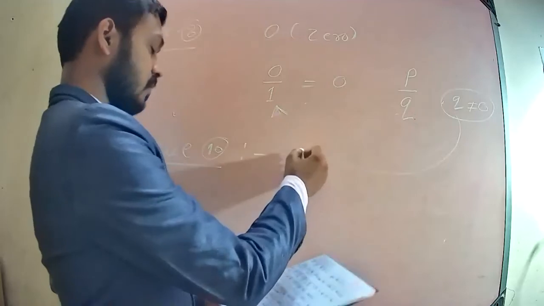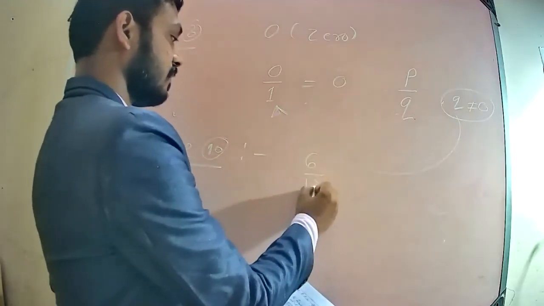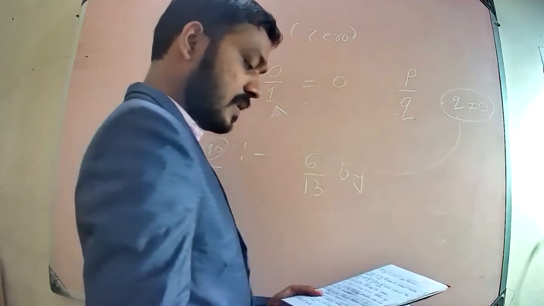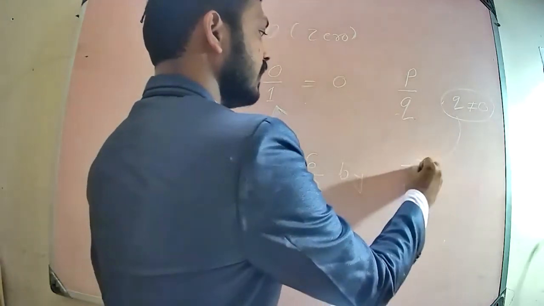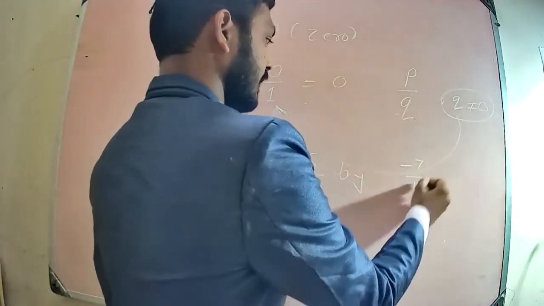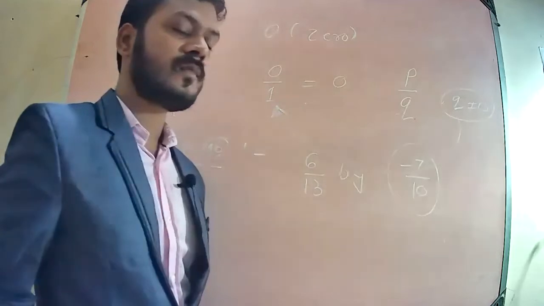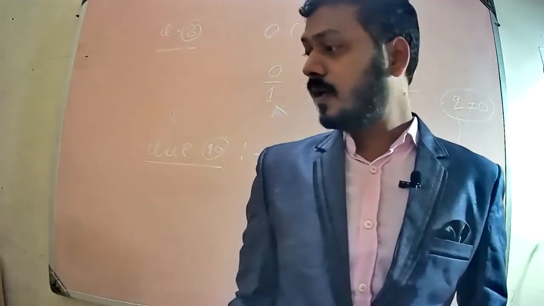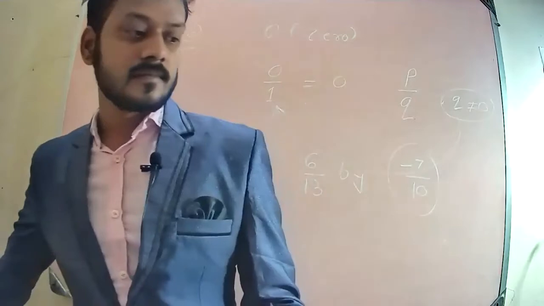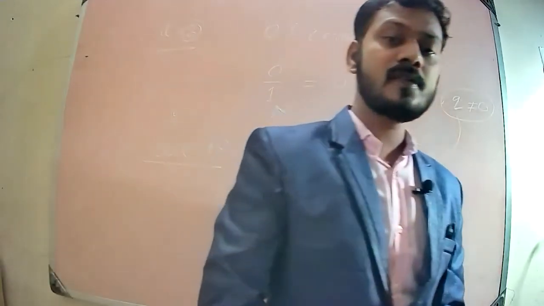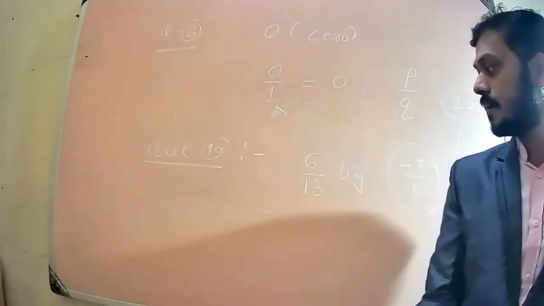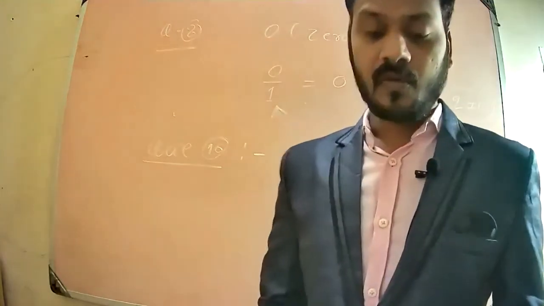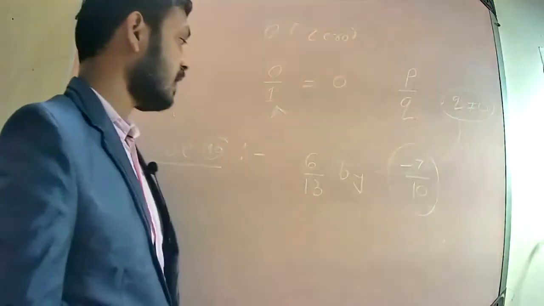So 6/13 multiplied by the reciprocal of minus 7/10. You can take other examples, suppose 9, 16 and so on. No problem, whatever our values are, only understand the concept. How can we solve such types of numerical questions? Okay, let us proceed.